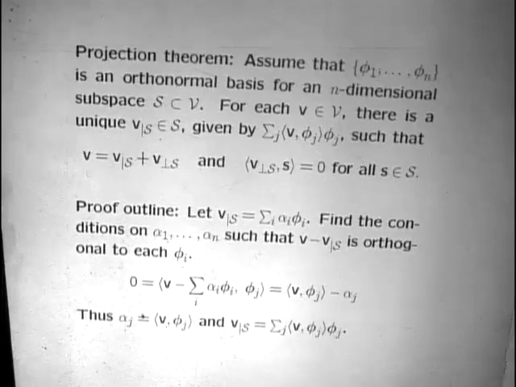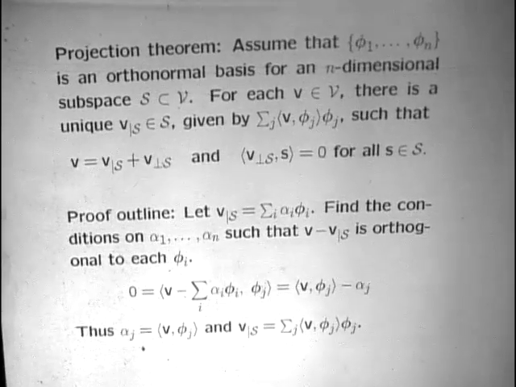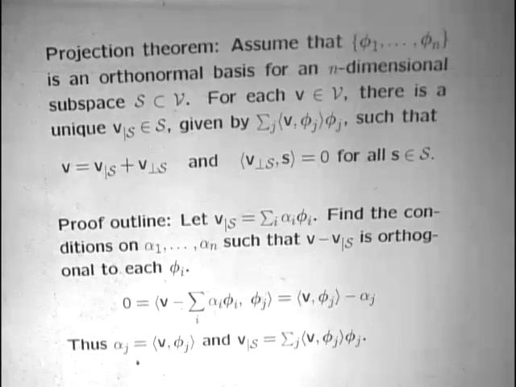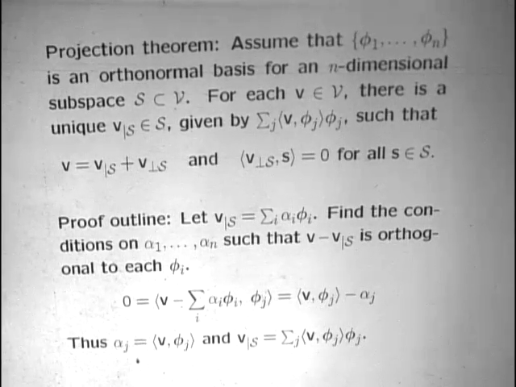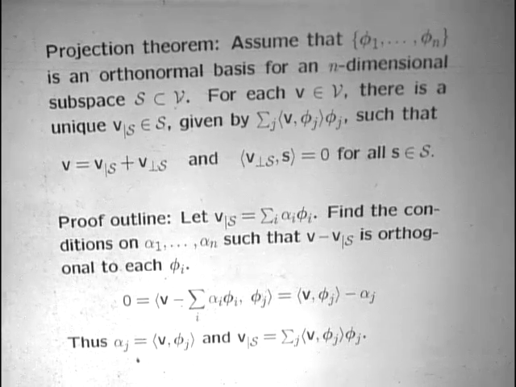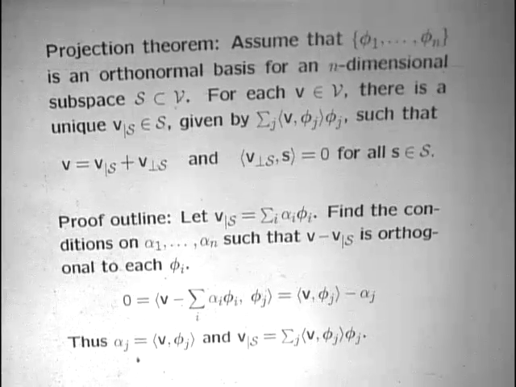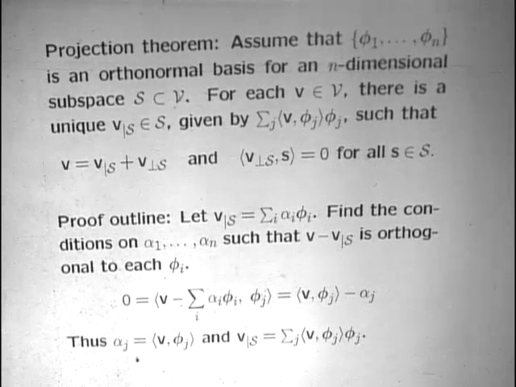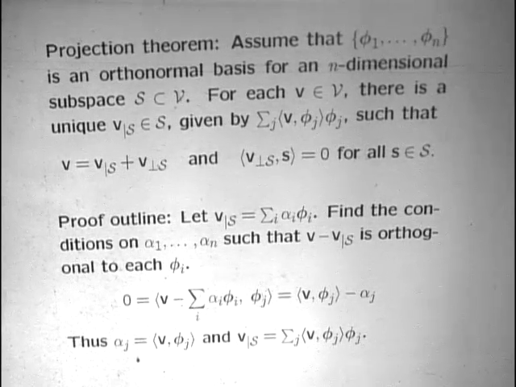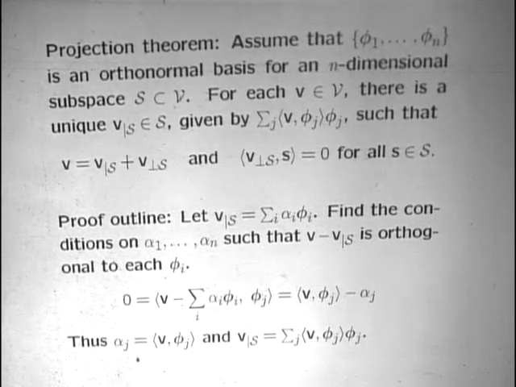Okay, so I want to go on to the real projection theorem. Actually, there are three projection theorems. There's the one-dimensional projection theorem. There's the n-dimensional projection theorem, which is what this is. And then there's an infinite-dimensional projection theorem, which is not general for all inner product spaces, but is certainly general for L2.